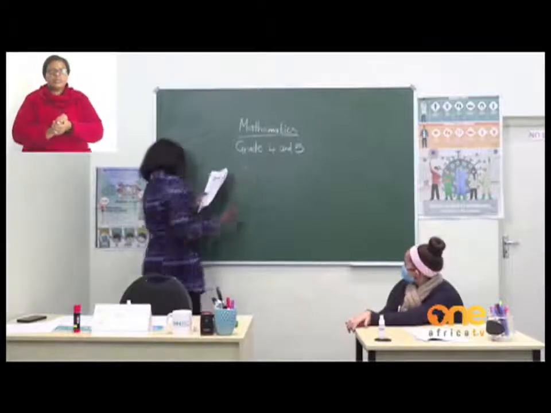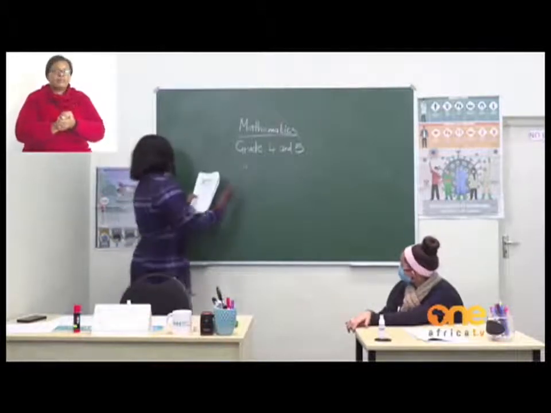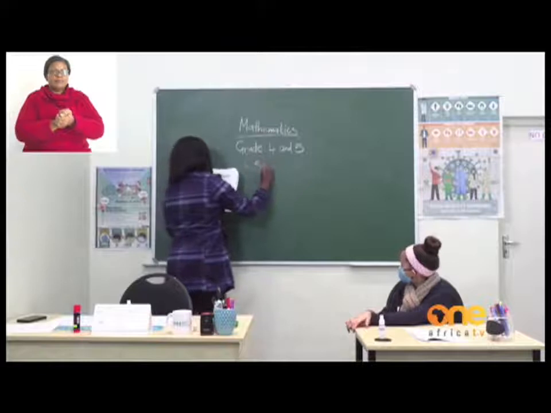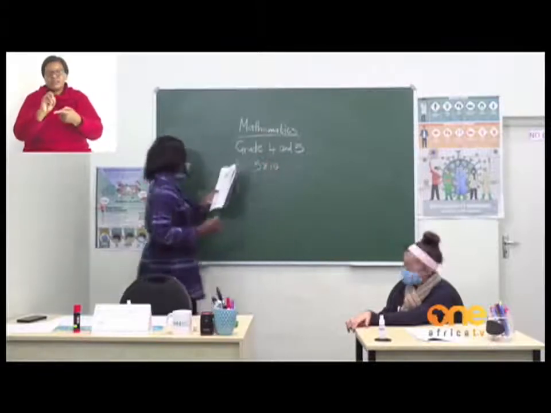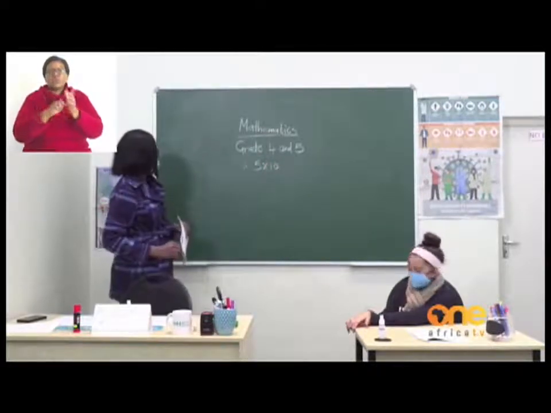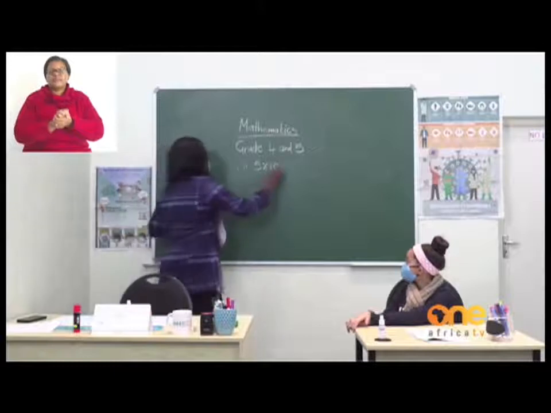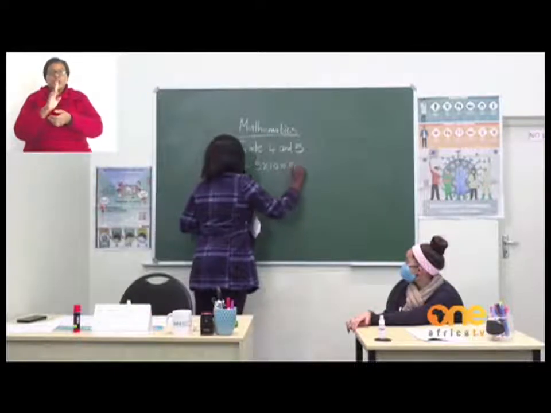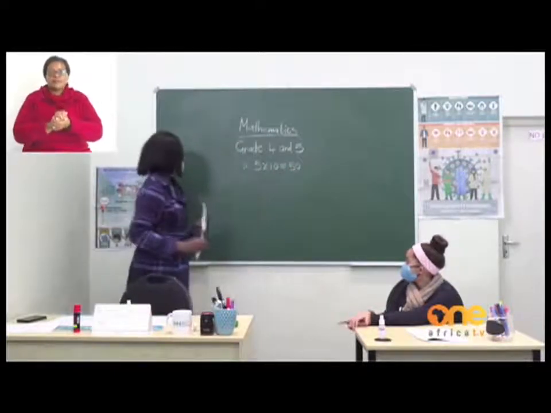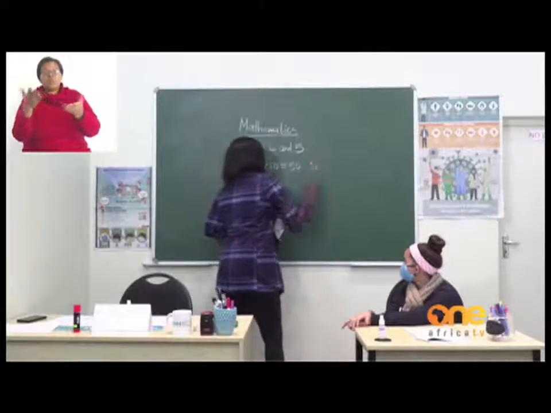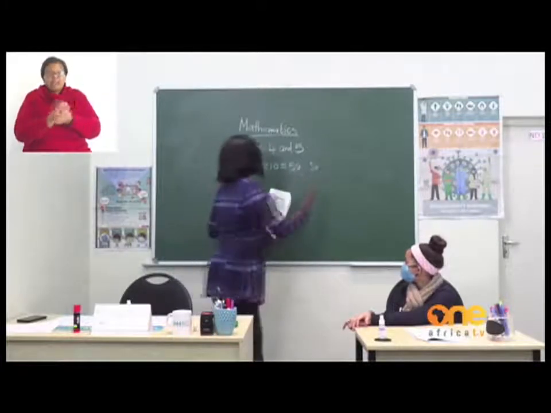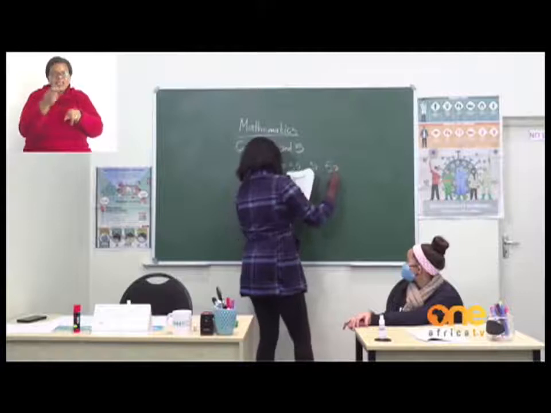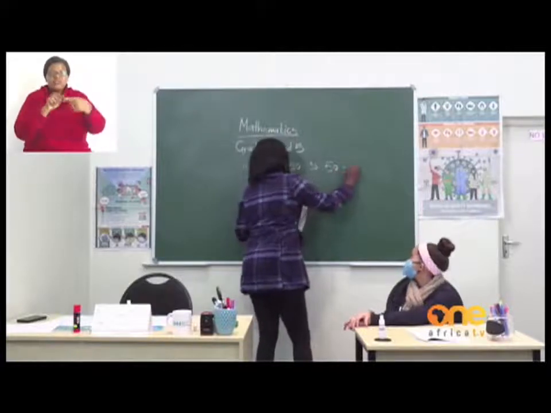Number 1, we have 5 times 10. What is our answer? 5 times 10 is equal to 50. Good. So, inverse operation is the same as we have 50 divided by 10.